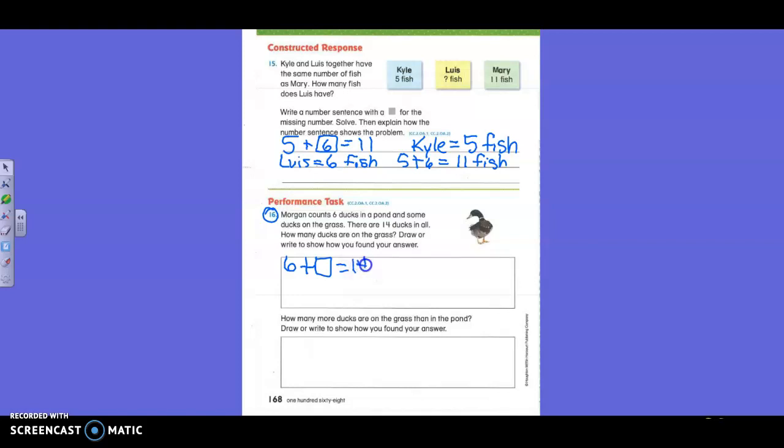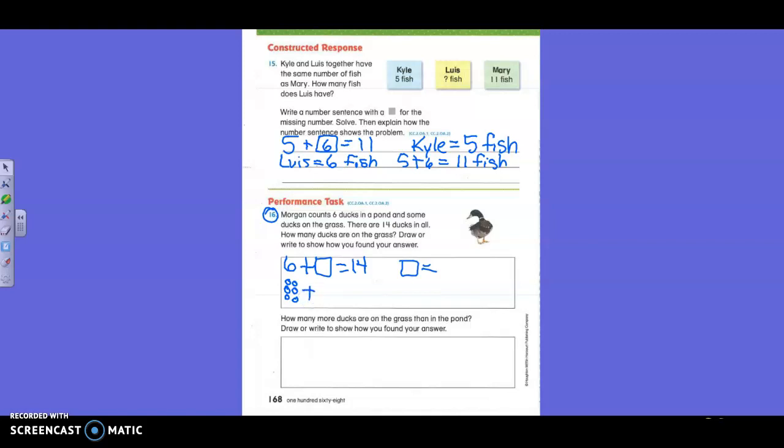Then we can say box equals, but we don't know what box equals yet. So let's do that right now. We have ducks in a pond, right? So let's just draw 6 for the ducks in the pond.